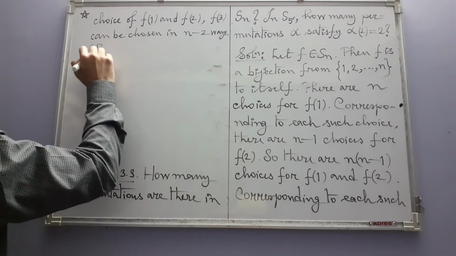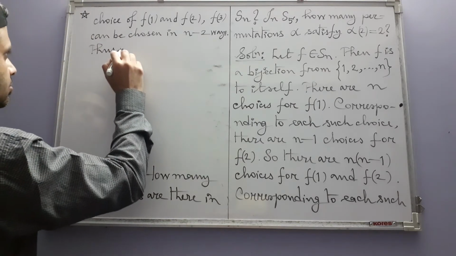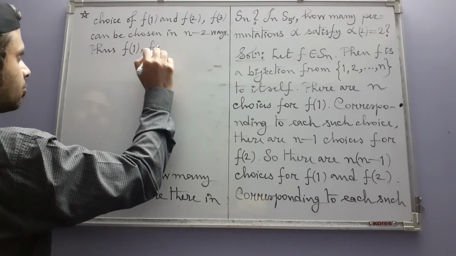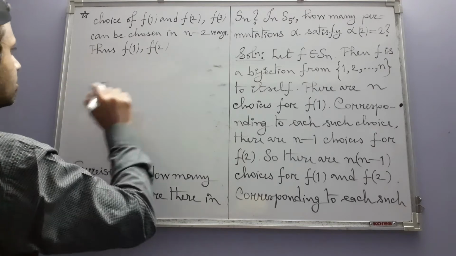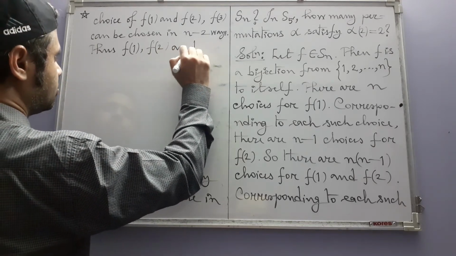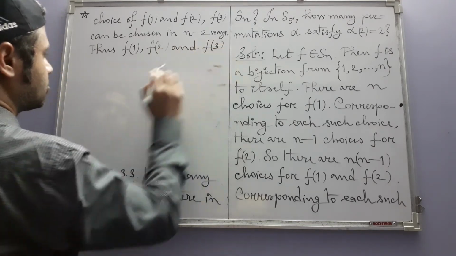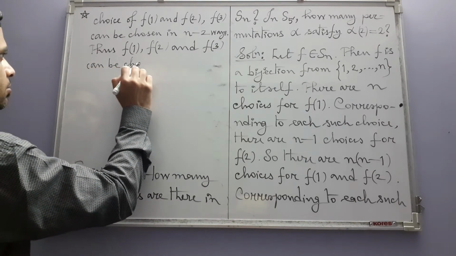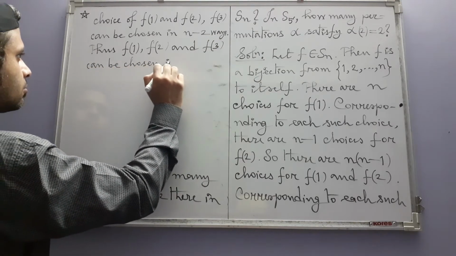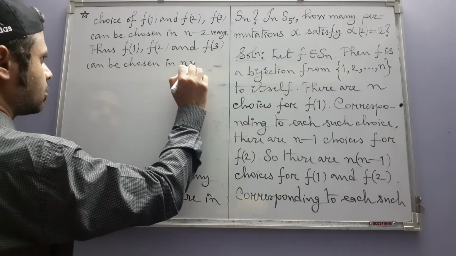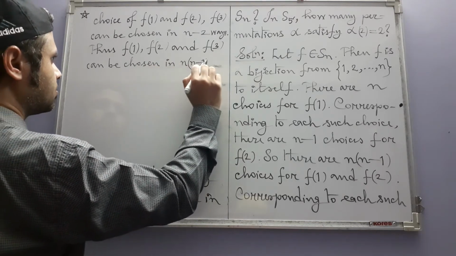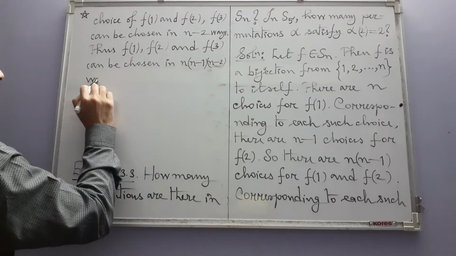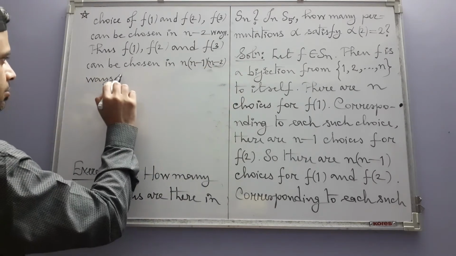Thus f of 1, f of 2 and f of 3 can be chosen in n times n minus 1 times n minus 2 ways.